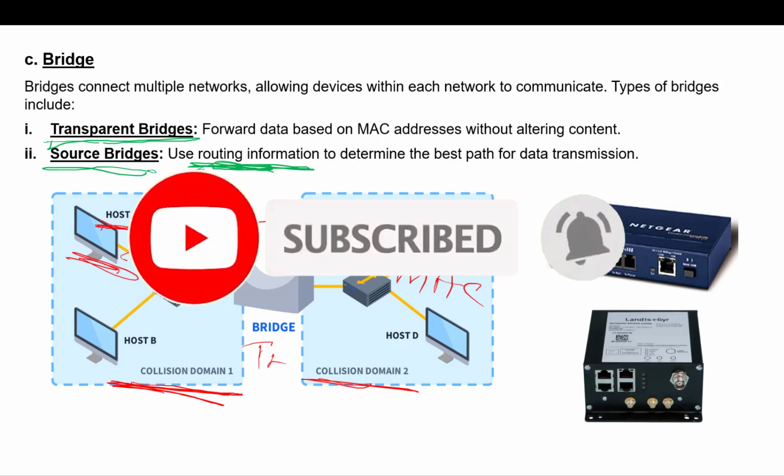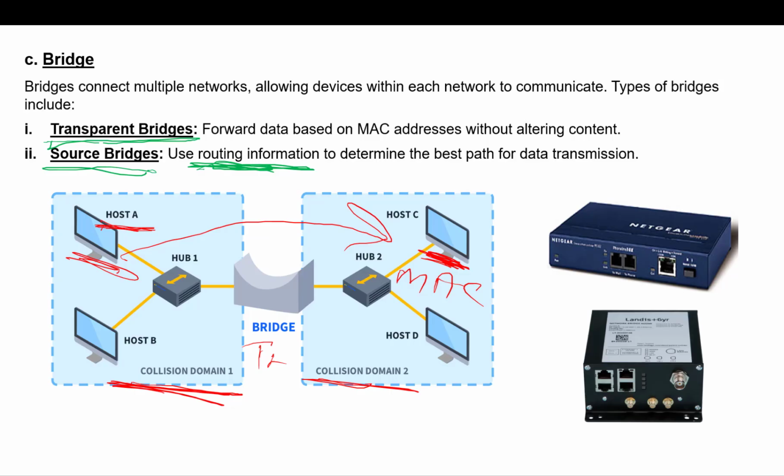The bridge recognizes all the devices inside by their addresses. The MAC address is the personal number that all electronic devices that use a network or the internet get, and the manufacturer gives them the number.